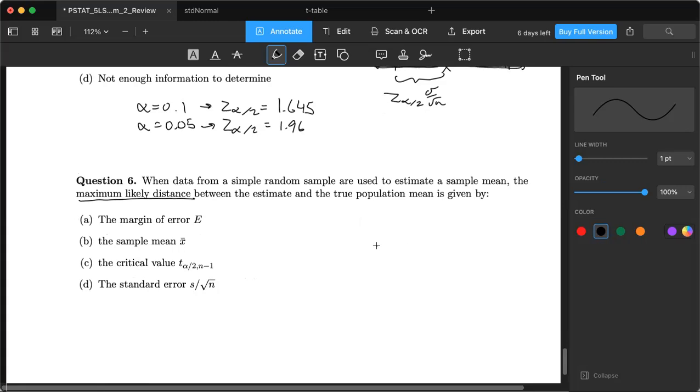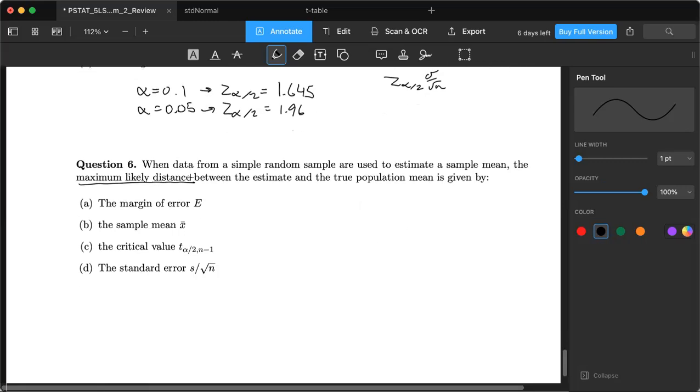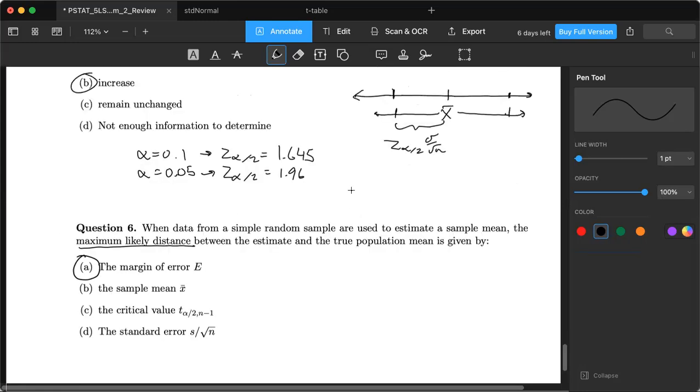So yeah, question 6: when the data from this simple random sample are used to estimate a sample mean, the maximum likely distance between the estimate and the true population mean is the margin of error. So that's just like this figure up here.